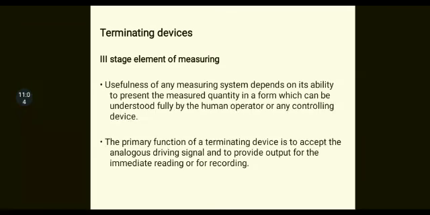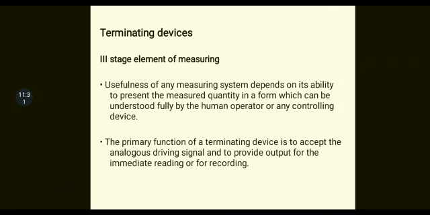Now the last part of the measuring system is the terminating device. If you recall the block diagram of a general measuring system, there is stage 1 detector, stage 2 intermediate modifying devices, and stage 3, that is terminating devices. So these terminating devices we need to understand now. What is this terminating device?